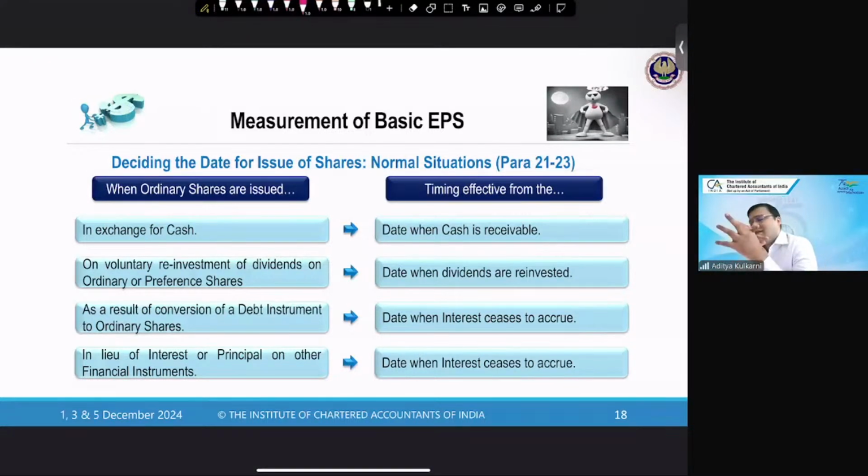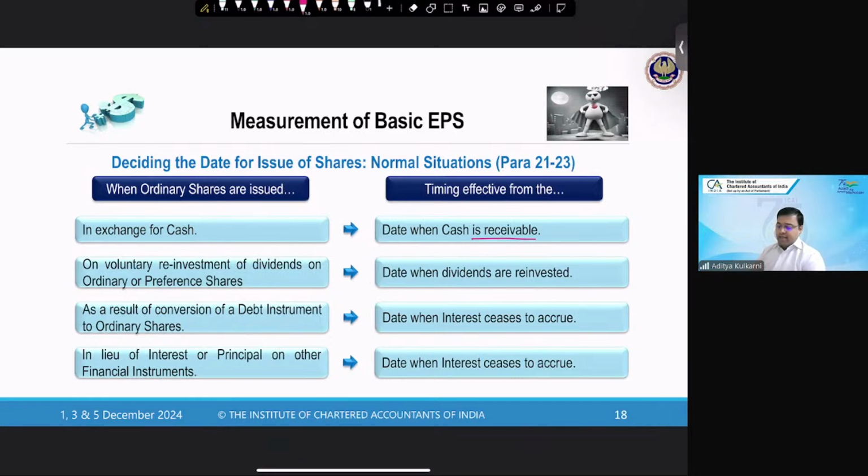In all your questions, you have been given the timing. But in general, from a theoretical basis, this is the timing. In exchange for cash, when you are issuing, it is the date when the cash is receivable, not received. It is when the cash becomes receivable.